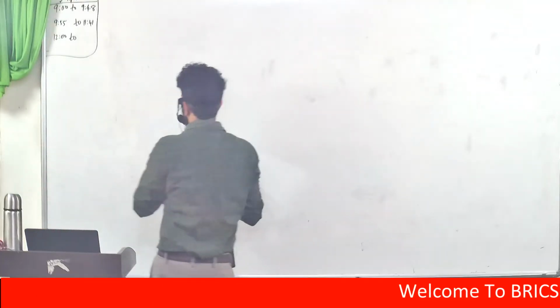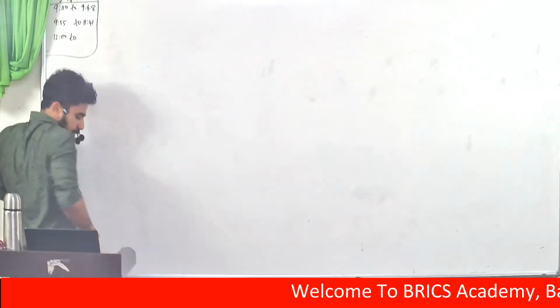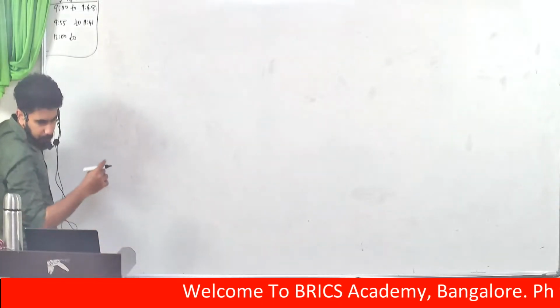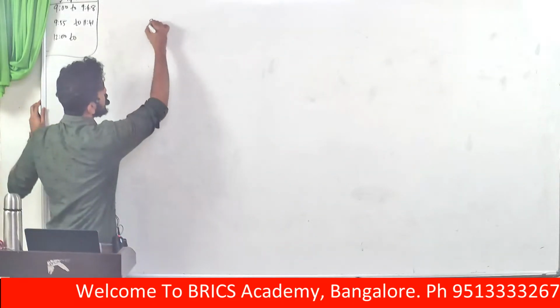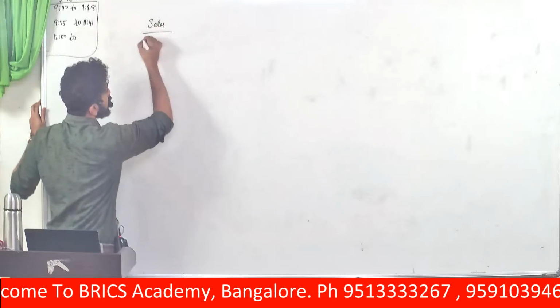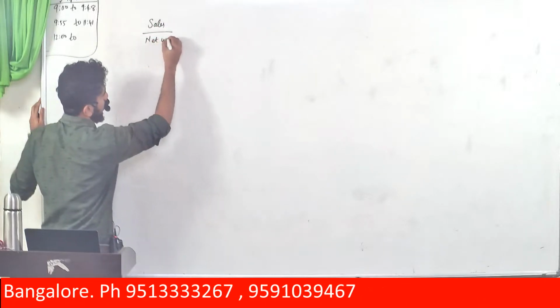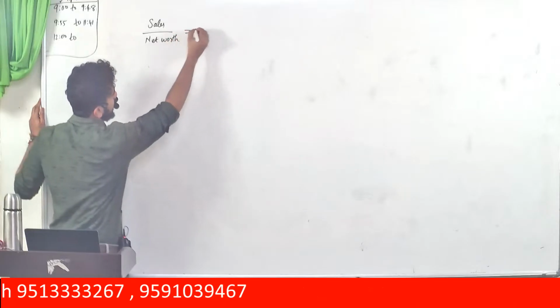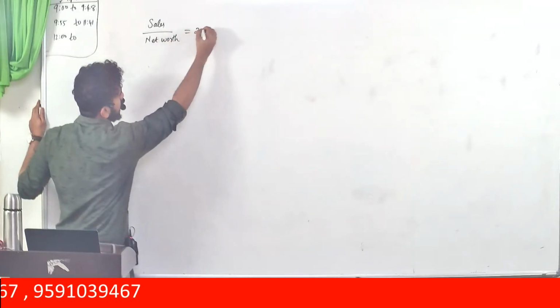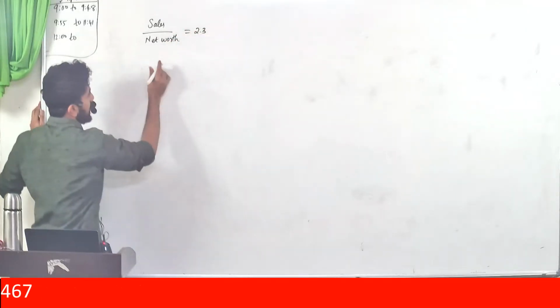First, guys, question number 3. They have given sales to net worth. I'll just write what they've given, then we'll see what to do. Sales divided by net worth is 2.3.